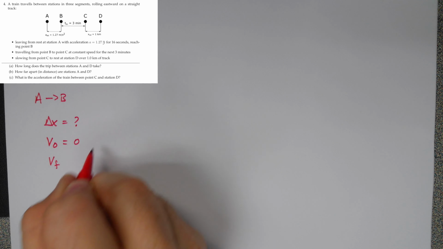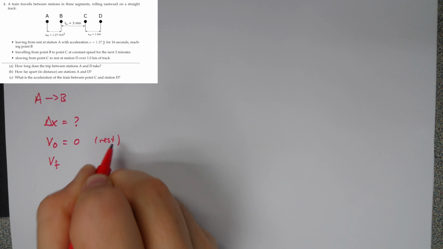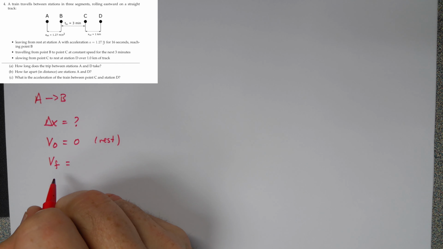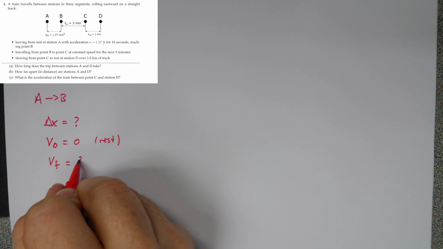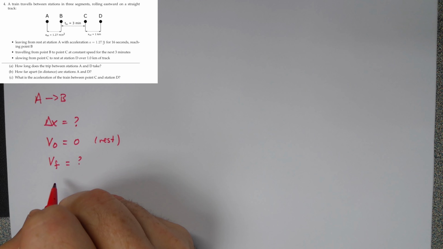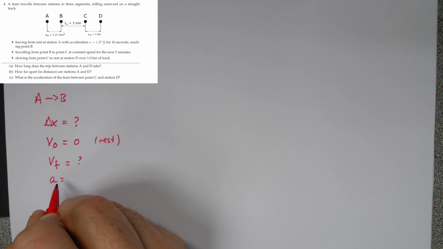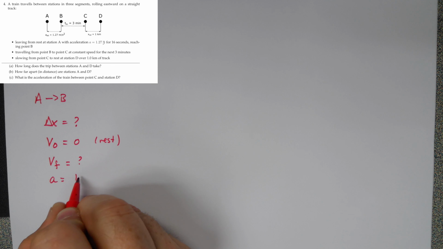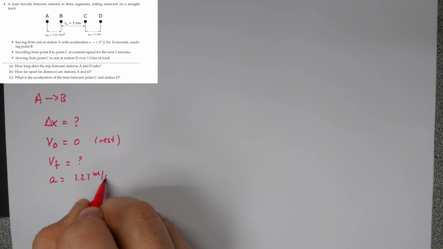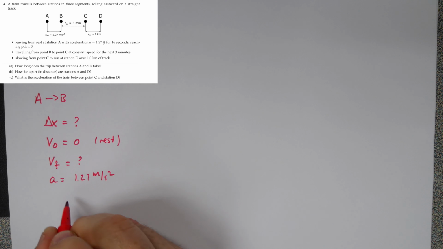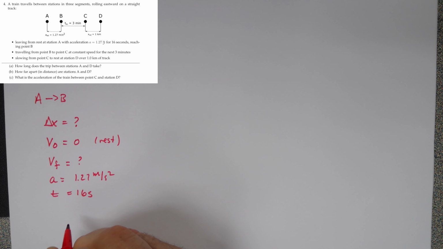V final, we don't know, maybe that's something we need to know. Our acceleration, we do know. That's in the problem. A is 1.27 meters per second squared. And our time during this chunk is 16 seconds. So out of this information, we could get some stuff.